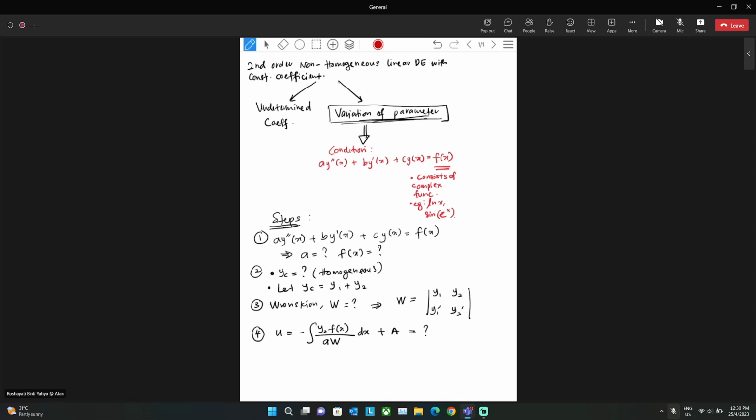After you find u, you need to find what is your v. How to get your v? You need to integrate y1 multiplied by f(x) over a W dx plus b.